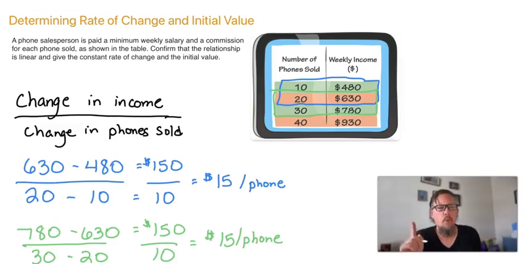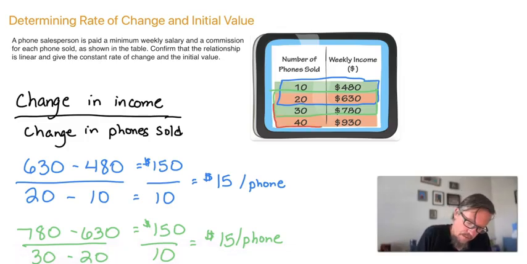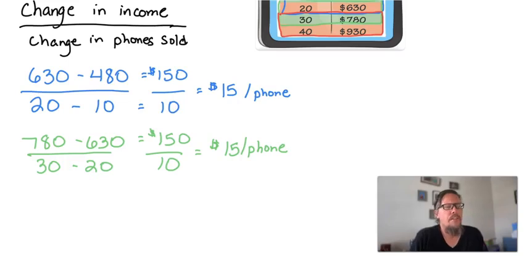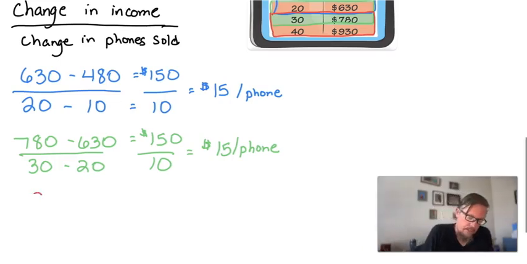We need to do this one more time to verify that the rate of change is constant, and that is with our last pair here, and that is from 30 phones to 40 phones. From 30 to 40 phones, was that rate of change constant? Okay, so we went from $780 to $930.